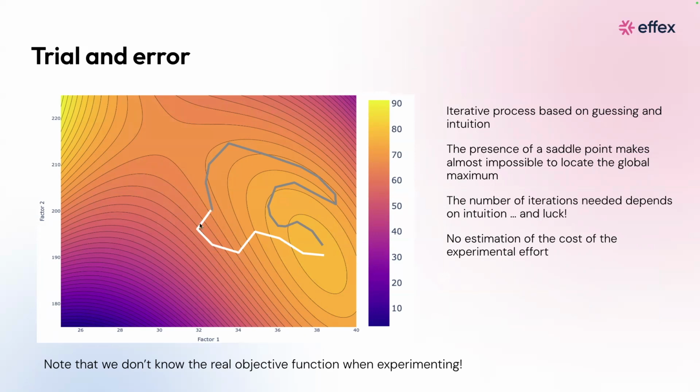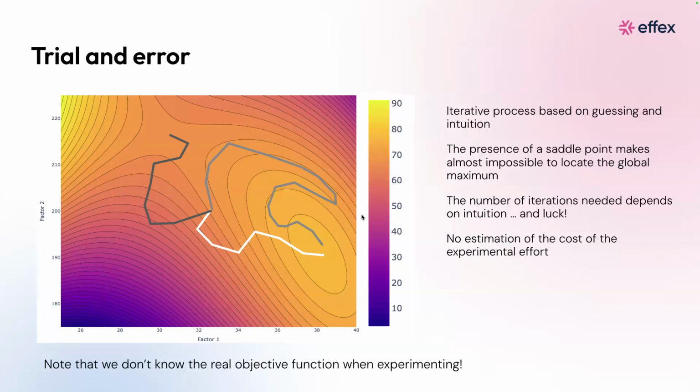So this could be one path, the one that I just followed in white, but this gray could be another path, and you see that this gray takes many more tests to get to this local maximum. But you could also have this one that takes another direction and ends in the saddle point. So not reaching the local maximum or the global maximum.